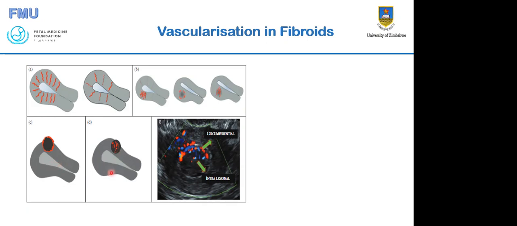So this may help in distinguishing the two. More so if the fibroids are seated around the endometrial-myometrial junction, these vascularizations are going to interfere with the normal vascularization of the uterus and the endometrium. This is one of the ways fibroids may affect fertility if they are abutting on the endometrium.